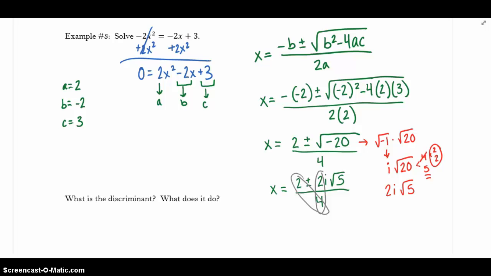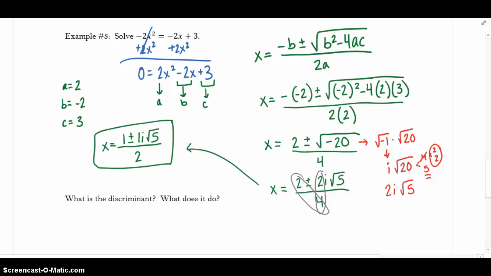Alright, 2 divided by 4 is 1 divided by 2, so this is really going to end up being x equals 1 plus or minus 1i root 5, all divided by 2. So once again, notice how you need to divide 2 by 4 and this other outside 2 by 4. Don't forget to do one of them or you'll end up with the wrong answer.